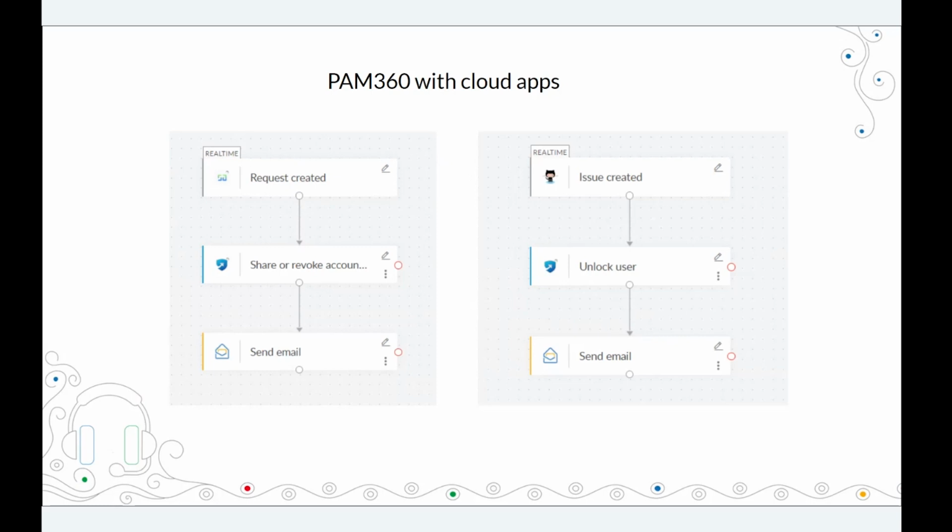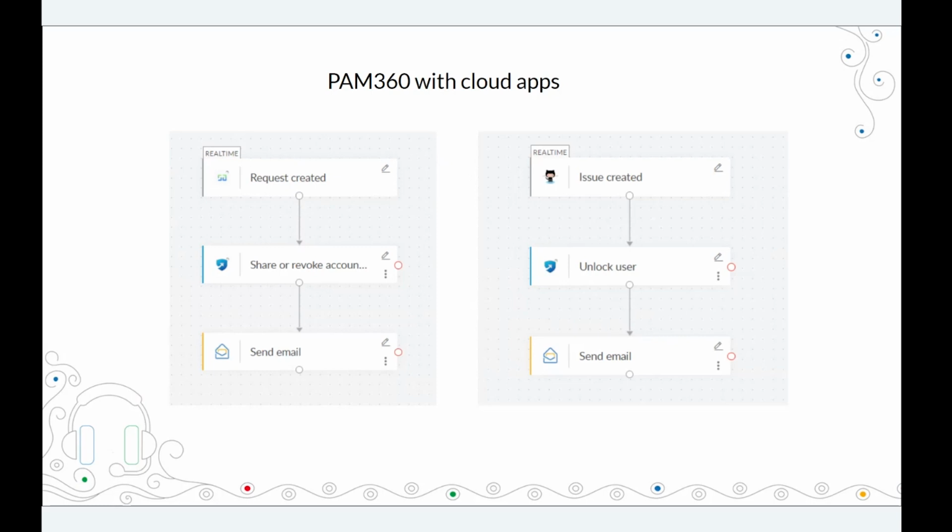Once that is done, a send email action will be used and an email will be sent to the user stating that their account was shared or revoked. This can be done by using a request created trigger in STP and then followed by a share or revoke account user action in PAM360 and a send mail action.